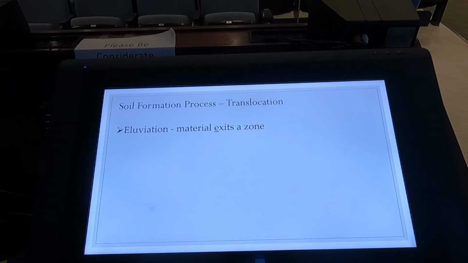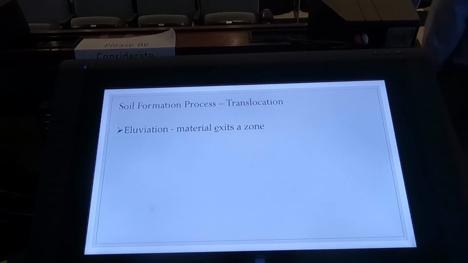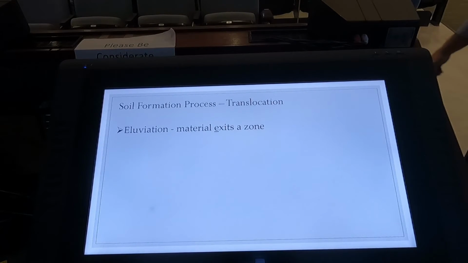For translocations, this is going back to the crossword puzzle. We have a zone of eluviation, and you can remember eluviation as exit. So when some material exits a zone or a layer, it is translocated into a layer below it, or possibly above it.